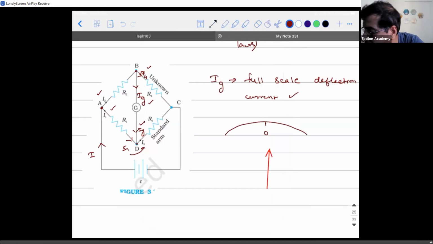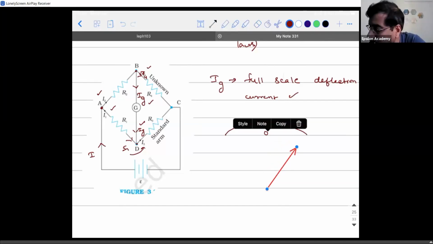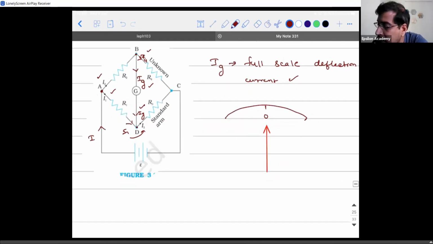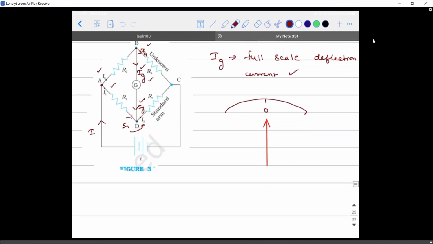It has the full-scale deflection current. As the name suggests, that is what a full-scale deflection current is. So have this point in mind. That is what I wrote as Ig here.